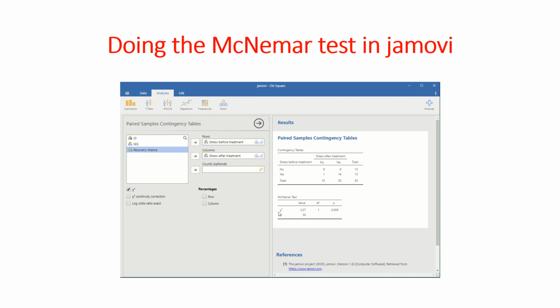So this is basically how we do the McNemar test, and you already know how to present the results. I'm not going to talk about it again. You basically need to report the McNemar value here, 3.5, degrees of freedom, and p-value. You could also present this contingency table.